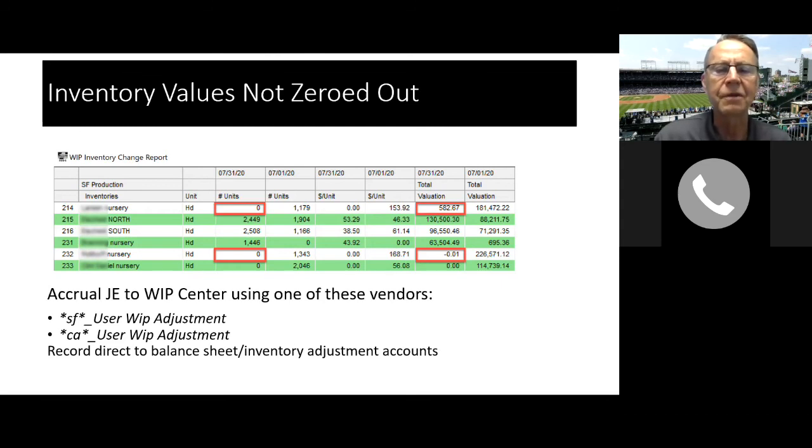But you look at this, well, there's a -1. It kind of bugs you. It's showing up. So the way to fix this is you make an accrual journal entry to the WIP center, not to the production center. Normally we're talking about getting things started and we're going to do it to the production center, but here we're going right to the balance sheet account and inventory adjustment account, and we use one of these two vendors.